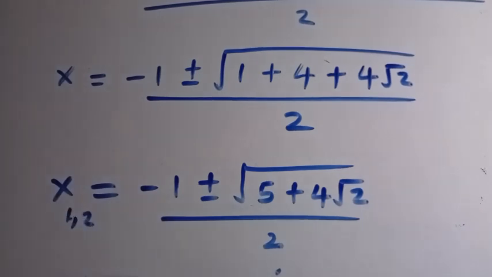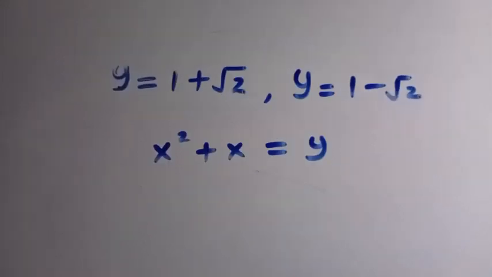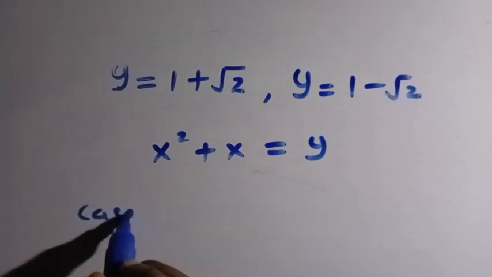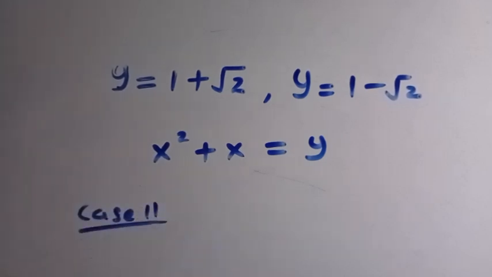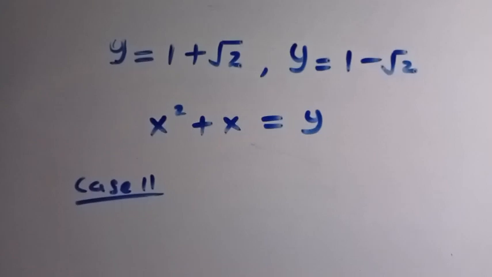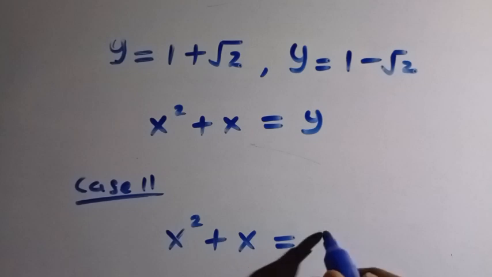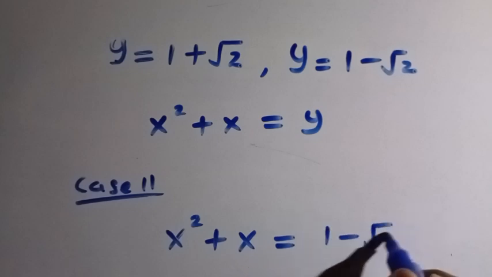Then to solve for the other one, we consider where we let x squared plus x equals 1 minus root 2, which is case 2. So we have case 2, where x squared plus x equals 1 minus root 2.